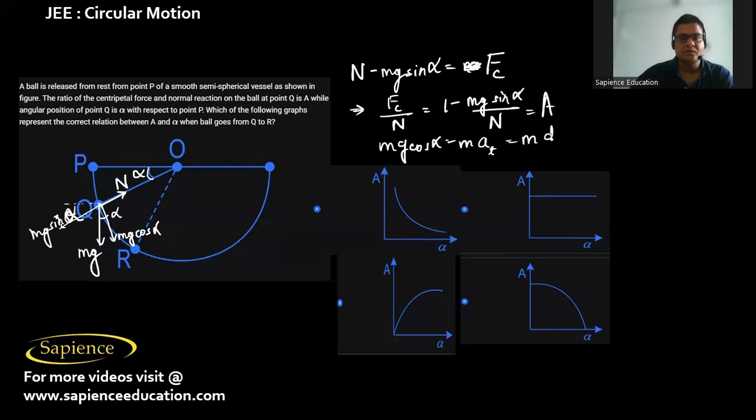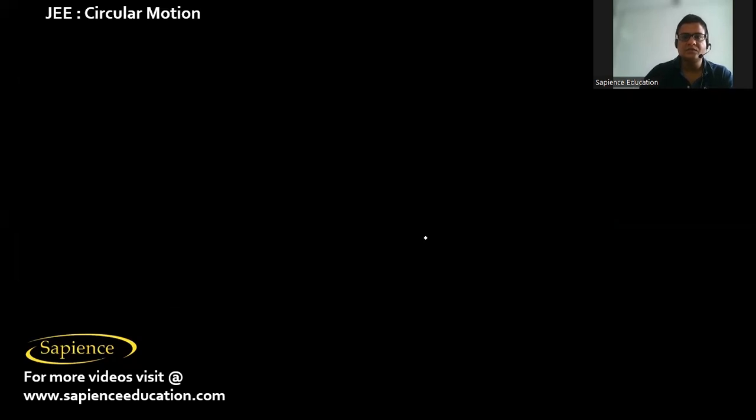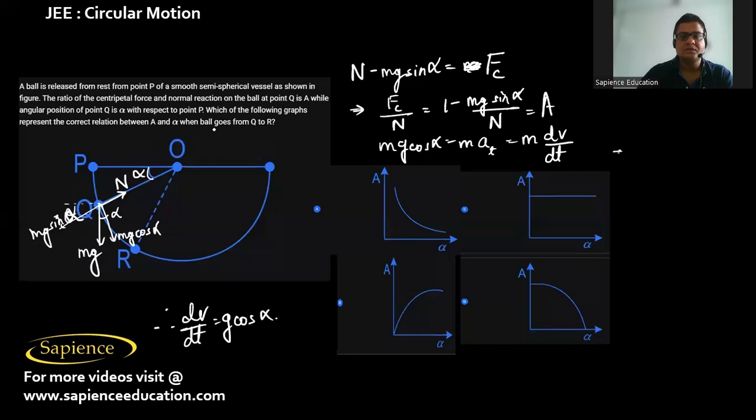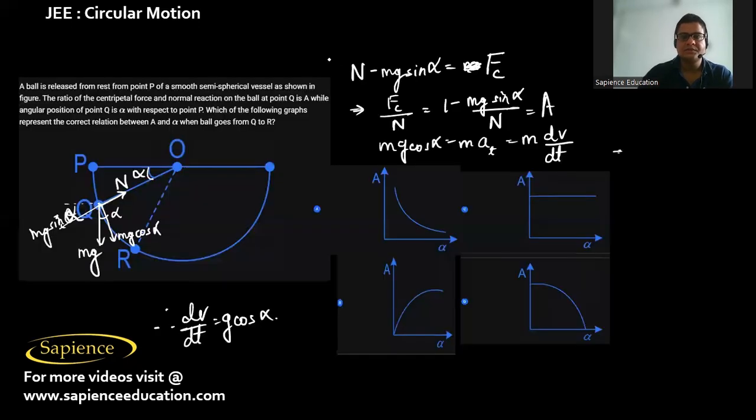It is equal to m into dv by dt. So dv by dt will be equal to g cos alpha. And Fc is actually mv square by r, the radius is constant. Mv square by r is equal to n minus mg sine alpha.